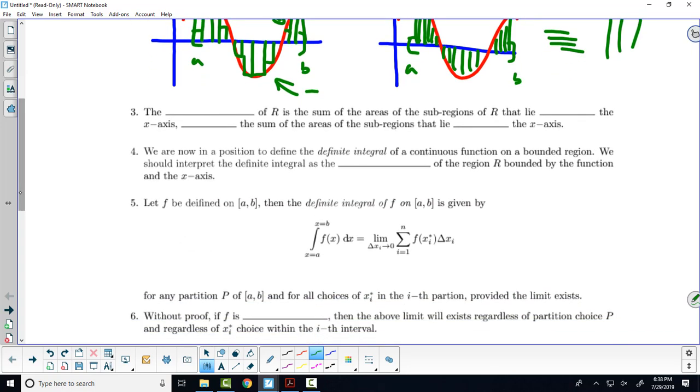So I'm defining the net area of a region R as the sum of the subregions that lie above the x-axis minus the sum of the subareas that lie below the x-axis. That's how we're choosing to define net, just to give you a general definition of that.